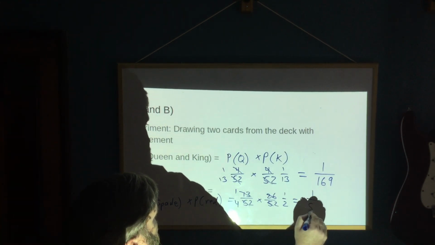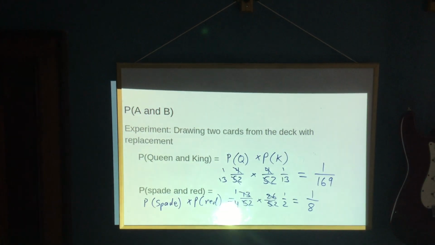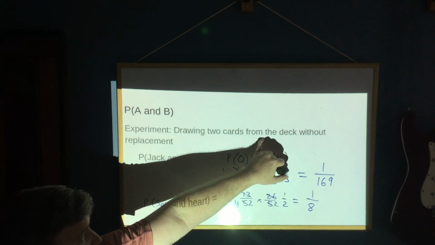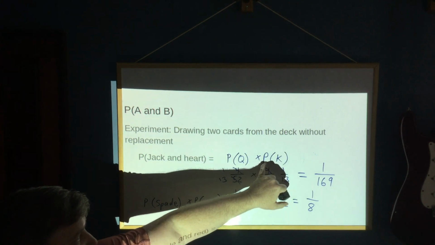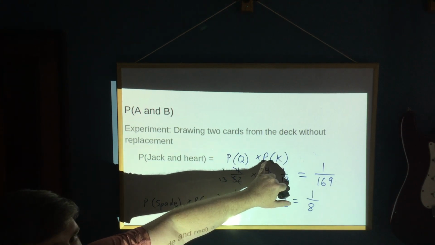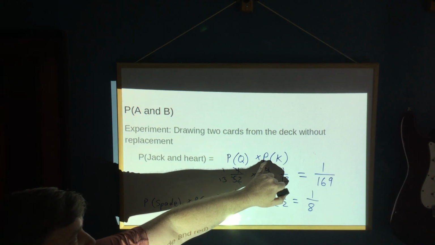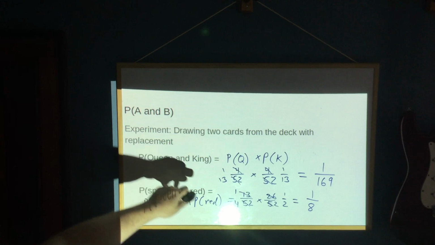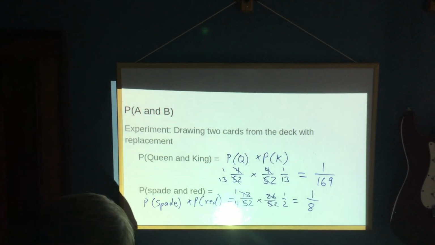So the probability is 1 out of 8. So on the previous slide, we did not replace. So the probability of the second event got changed because we had one less card. So these were dependent. Here we did replace, so the probability stayed the same. These are independent.